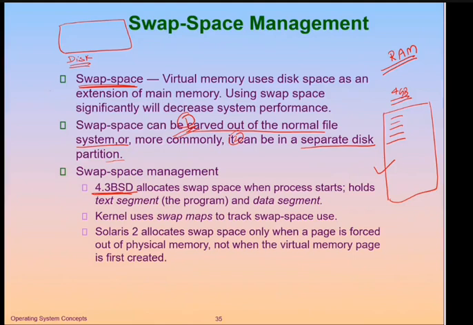It generally maps two swap maps to maintain this: one is for the text segment and the other is for the data segment. The text segment stores the entire program that the process is executing, and the data segment stores the data which is required by the process.